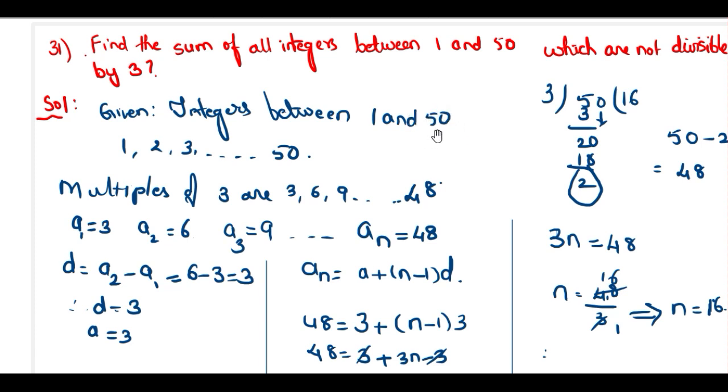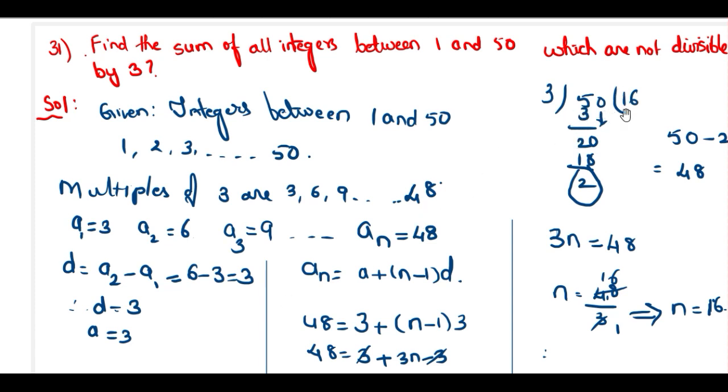So, what is the idea behind finding the number which is divisible by 3? Just divide 50, whatever the last number is, by 3. What is the remainder you are getting? Here we got 2. 3 1s are 3, upon subtracting we get 2.